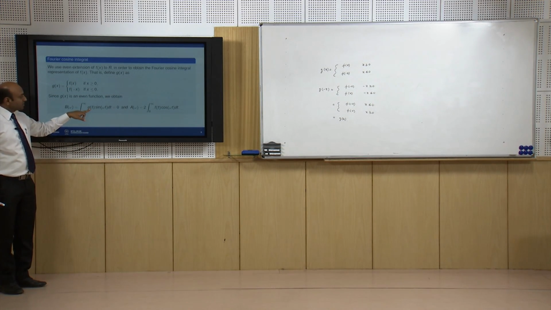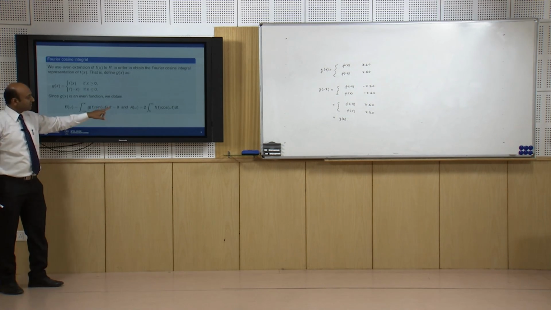Since g(t) is an even function and sine is an odd function, even into odd is an odd function, so this will be 0.